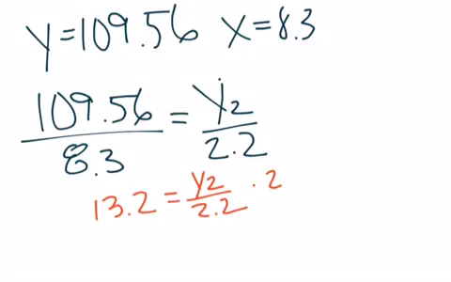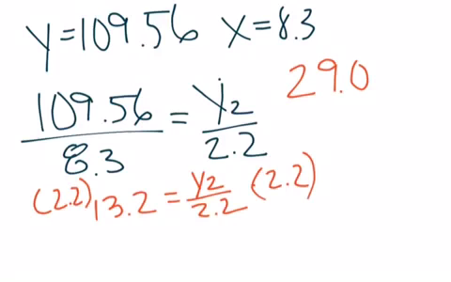So we're going to multiply by 2.2 on both sides, and that should give you 29.04. That equals your y2 value. So when y equals 29.04, x is going to equal 2.2.